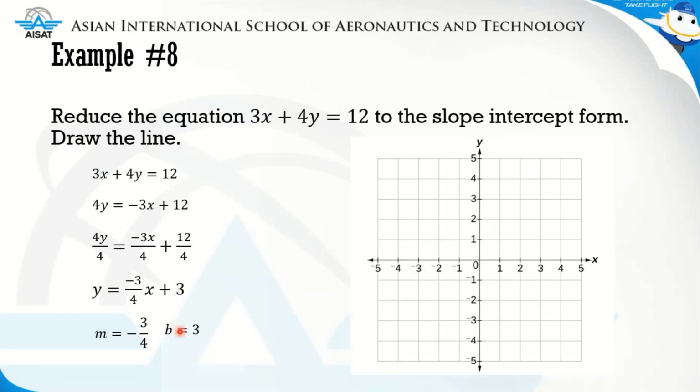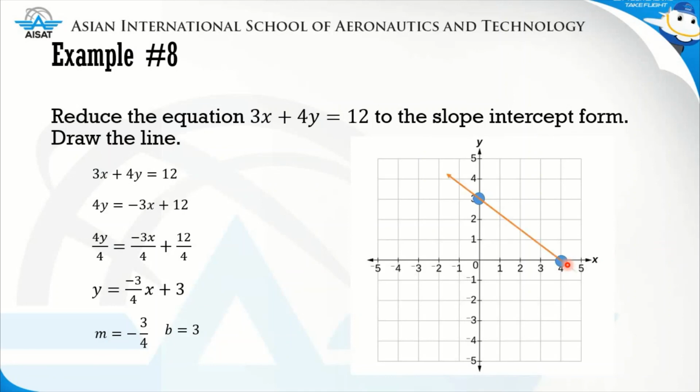First we shall start with identifying our y-intercept, which is at positive 3 on the y-axis, and then identifying the next point using the slope. So that's negative 3 over 4. Therefore, we have to go 3 units downward and 4 units to the right. So that means this is the next point on our line.